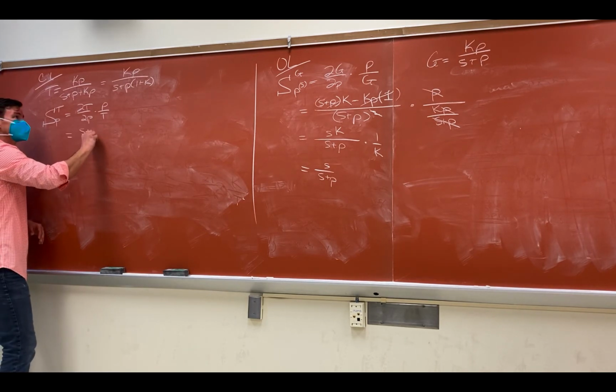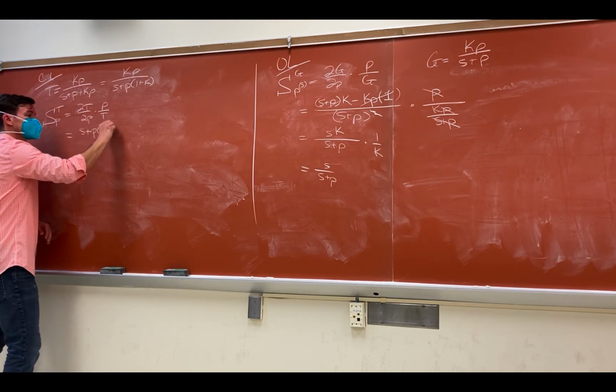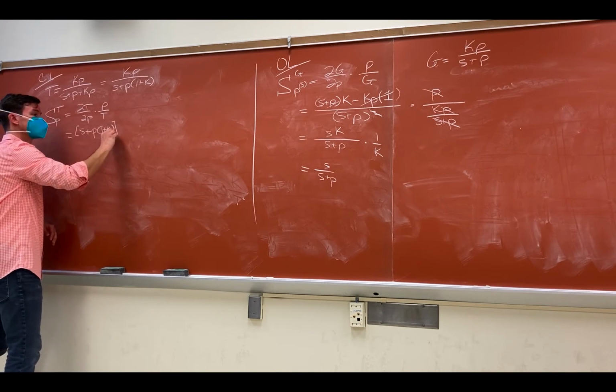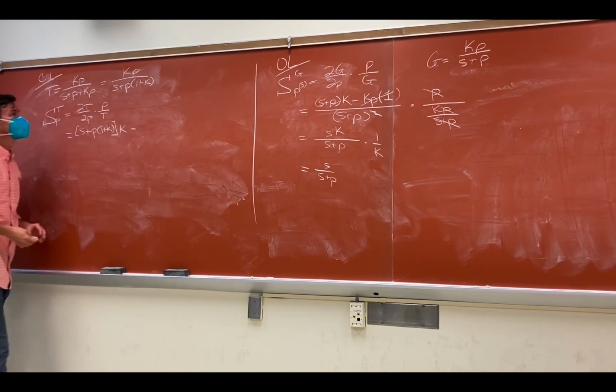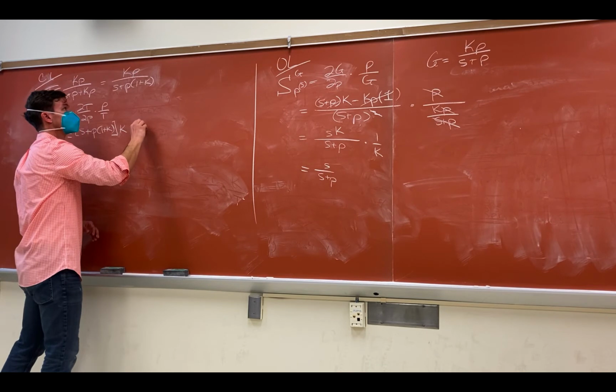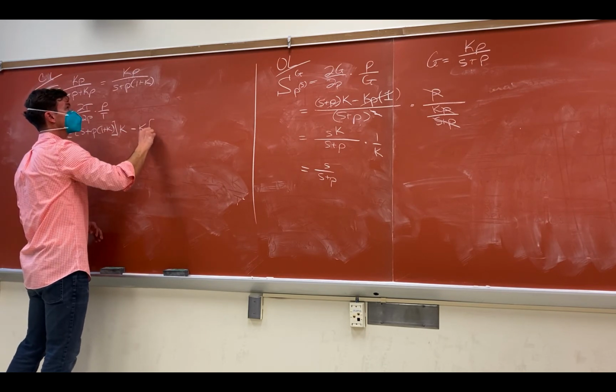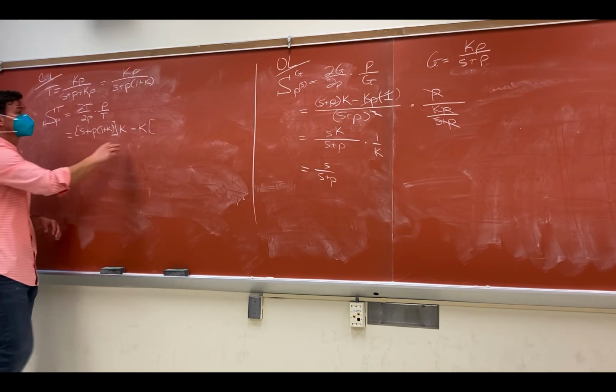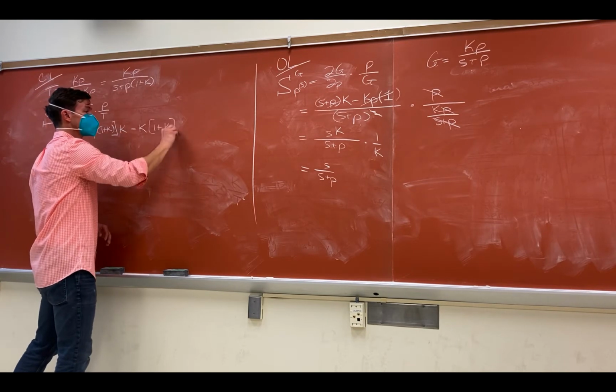So low times the derivative of high, minus high times the derivative of low with respect to P, which is 1 plus K.